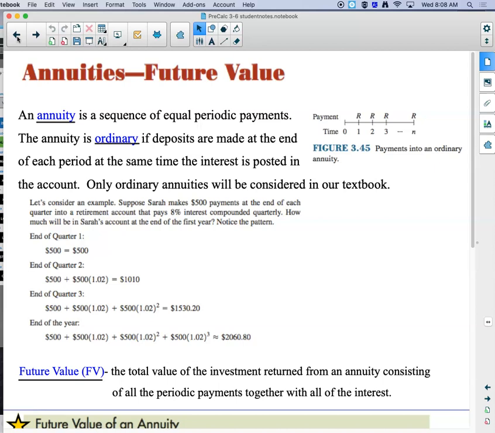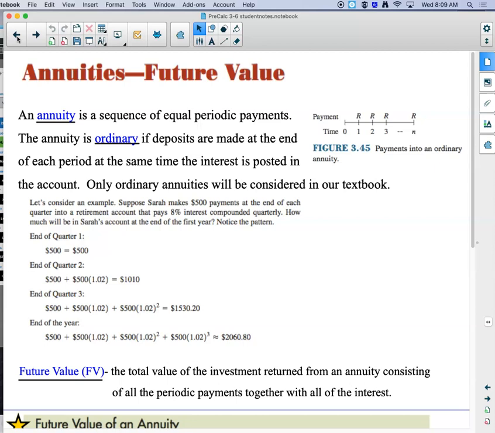So let's consider an example. Suppose Sarah makes $500 payments at the end of each quarter into a retirement account that pays 8% interest compounded quarterly. How much will be in Sarah's account at the end of the first year? And then we'll look at the pattern. So at the end of the first quarter, she has that $500 that she's put into the account.